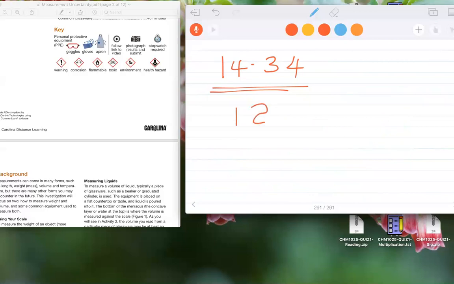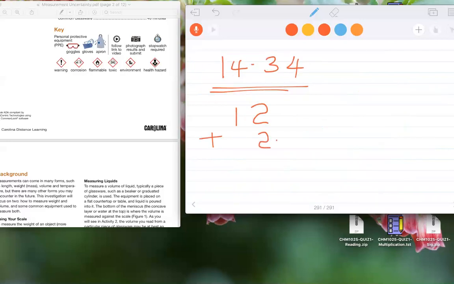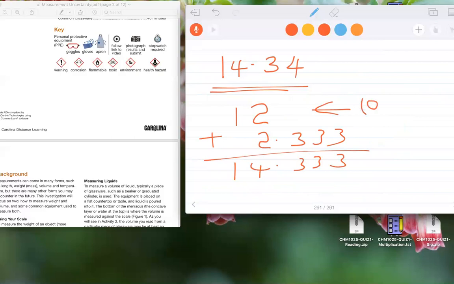Say 12 plus 2.333. You will see 14.333. This has 0 places of decimal, and this has 3 decimal places.